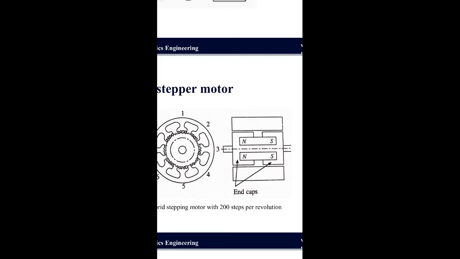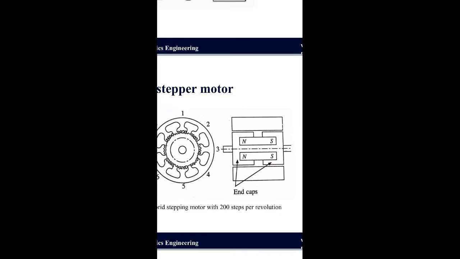Here, the teeth of the 2 end caps are offset, that is the alignment between the teeth in the 2 end caps is such that whenever the motor is rotated, the slots of the stator have to coincide with the rotor slots, so that the pitch is one tooth pitch. The permanent magnet is axially magnetized.